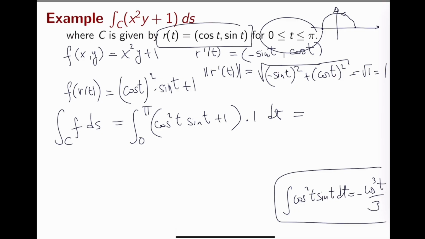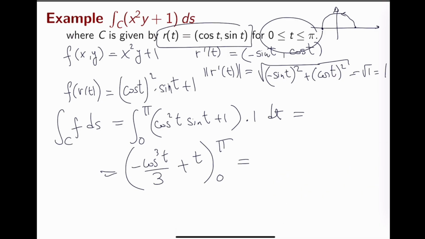Once we have this primitive, we come back here, and this will be equal to, using the primitive here, minus cosine cubed t over 3 plus the integral of 1, which is t. And this will be evaluated between 0 and pi. Let's evaluate at pi first.